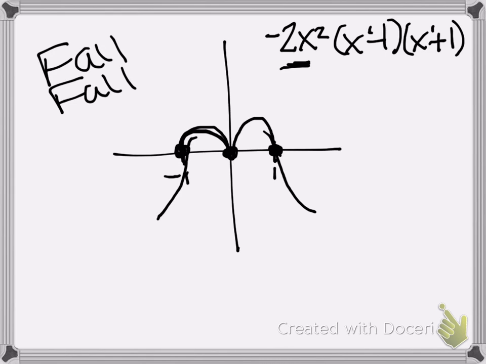Now you can verify that in your calculator and see that it actually does that, but that's why we know left-right behaviors, and that's why we know if it's odd, it crosses the x-axis. If it's even, it just touches the x-axis. Remember that when you're graphing, okay, that you change signs only at the zeros, okay? Your graph will change signs at the zeros only.